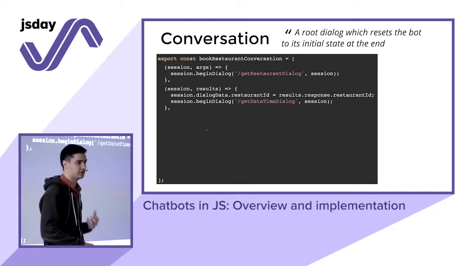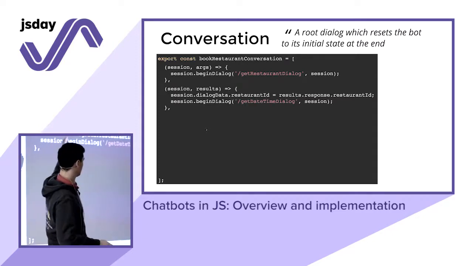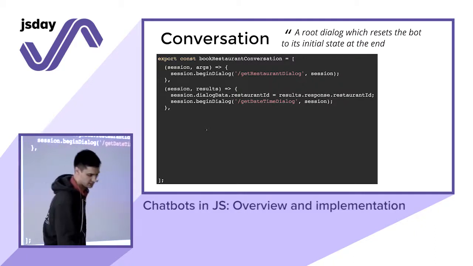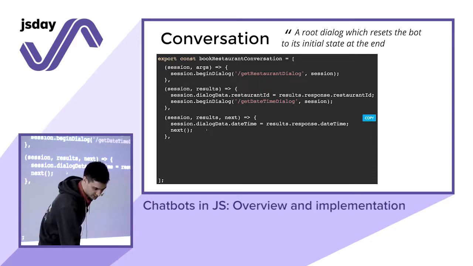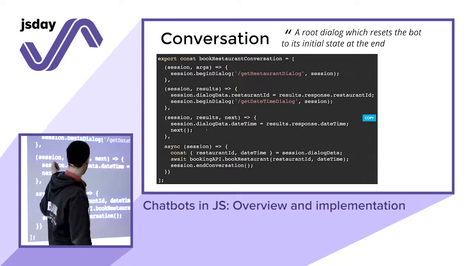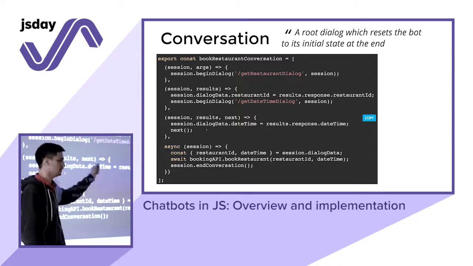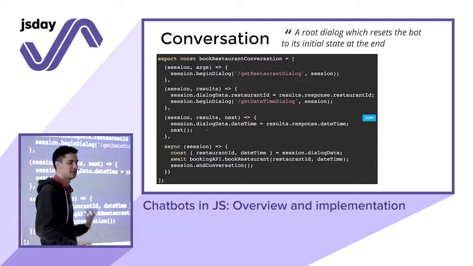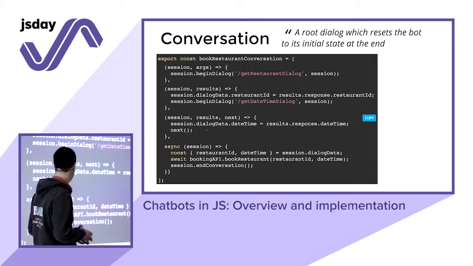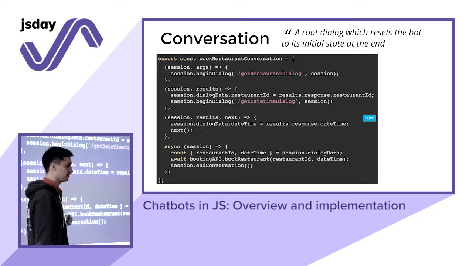What we expect from the result is a restaurant ID. We will store it, then call the get date and time dialog, store the result, and once we're done, call our booking API to book a restaurant with an ID, a date, and a time. You might also want to pass some user information to know who books the restaurant. And then once it's over, you end your conversation.